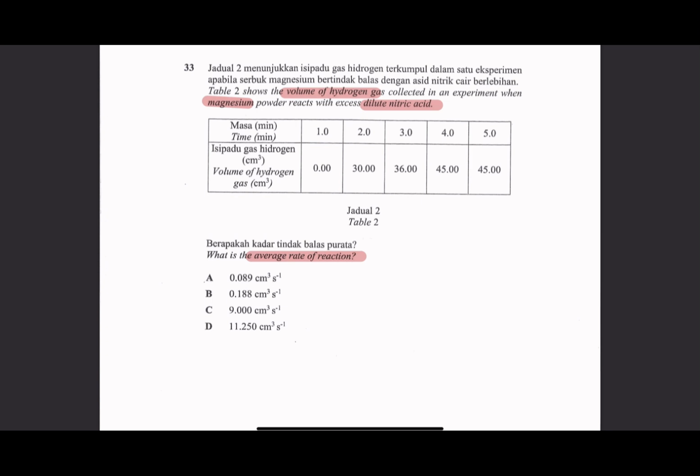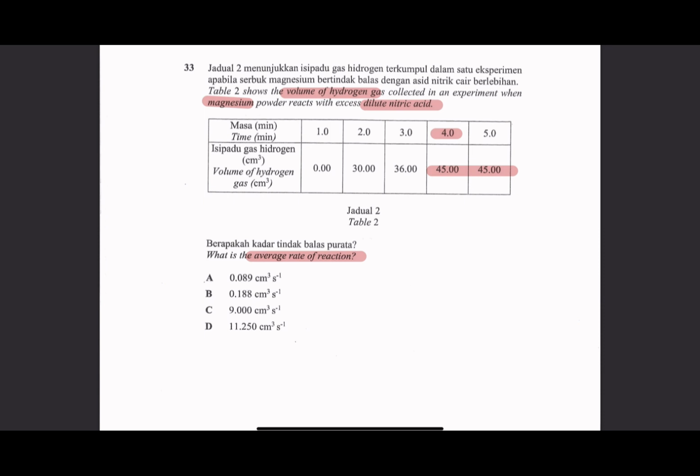So we go through the table. The maximum volume of hydrogen gas is 45 cm³, and it takes 4 minutes to complete the reaction.